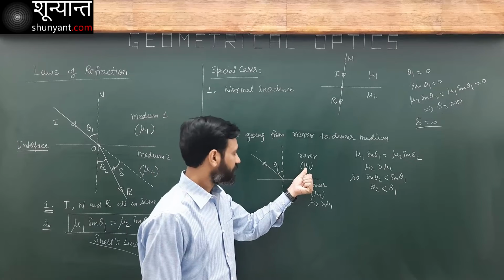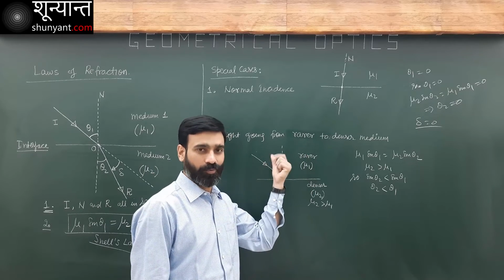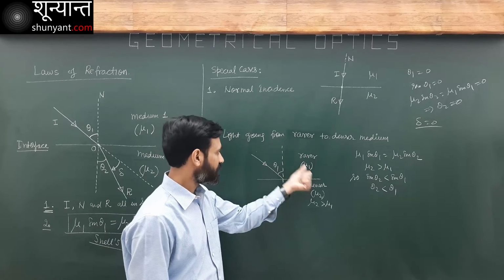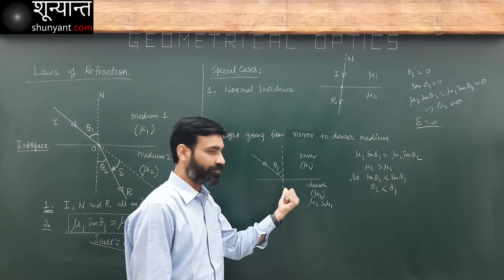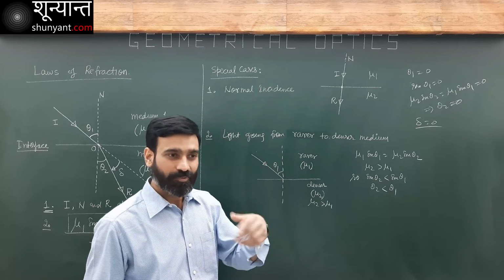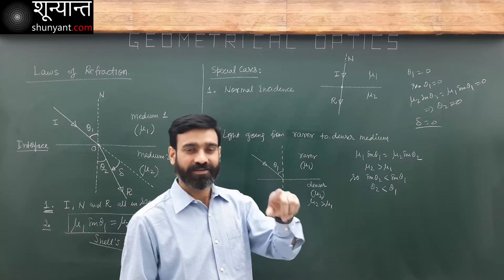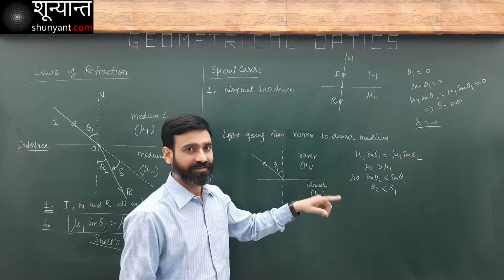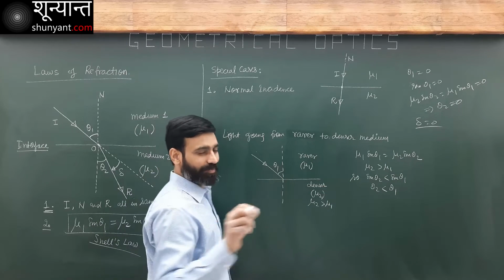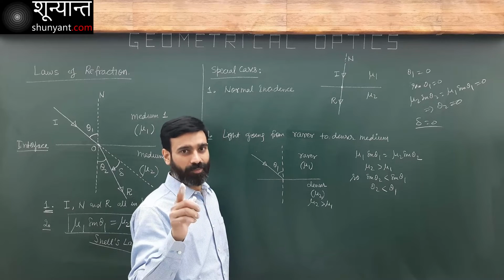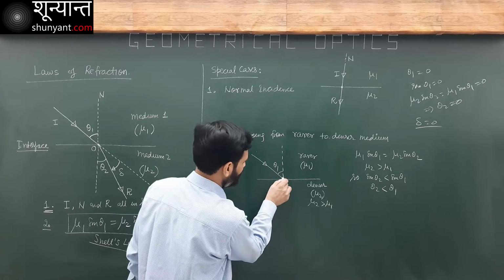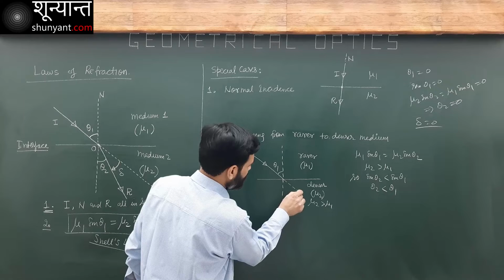Refractive index times sine of this angle, the product is constant. Mu1 sin theta 1, mu2 sin theta 2, they have to be the same. So if mu increases, sin theta should decrease. That means theta will decrease. We always measure theta from the normal. Understand this. This is the original path.